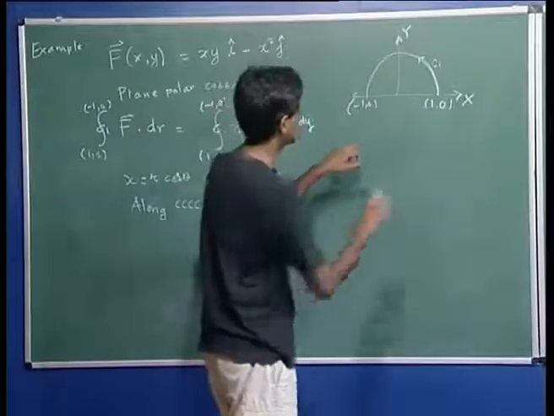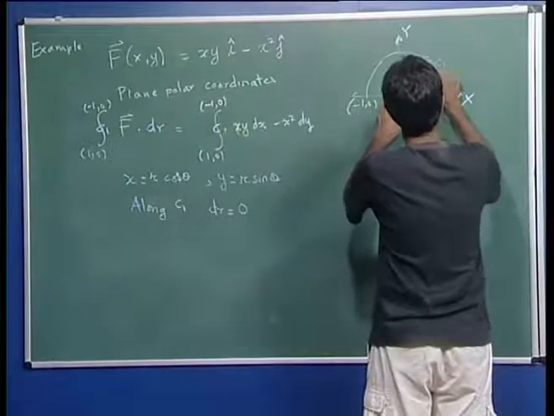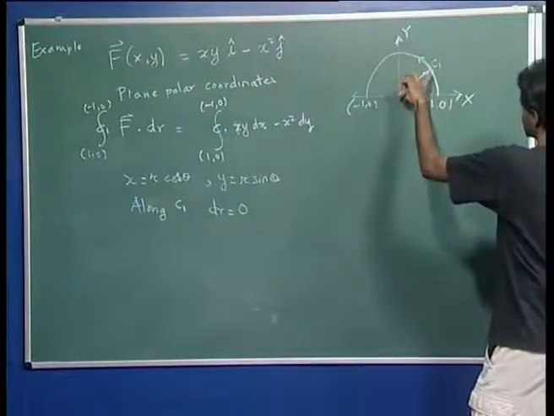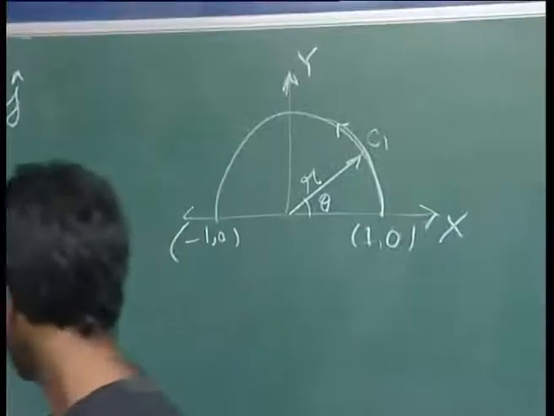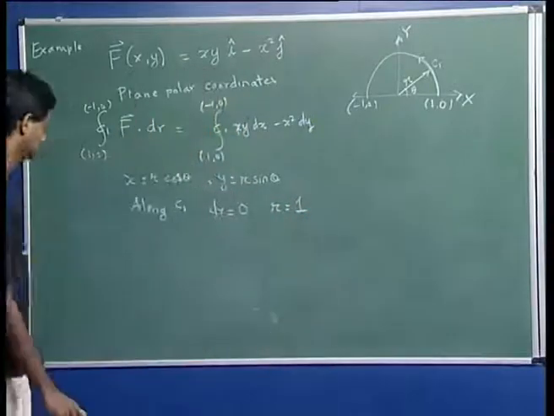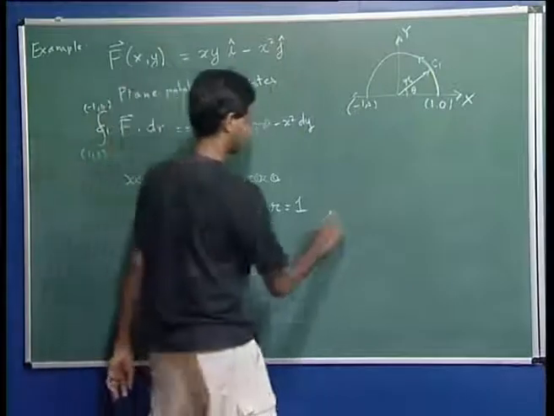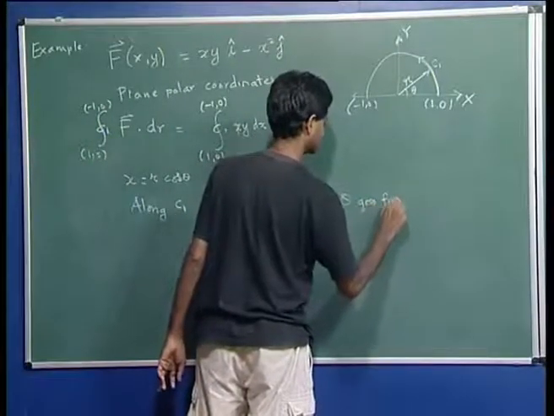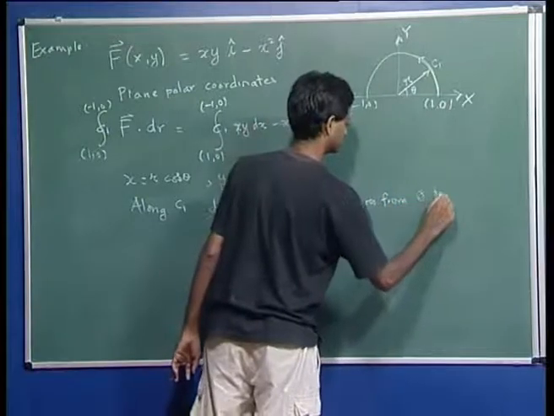So along this path, your distance r does not change. dr equal to 0, r equal to 1. Okay, and theta goes from 0 to pi.